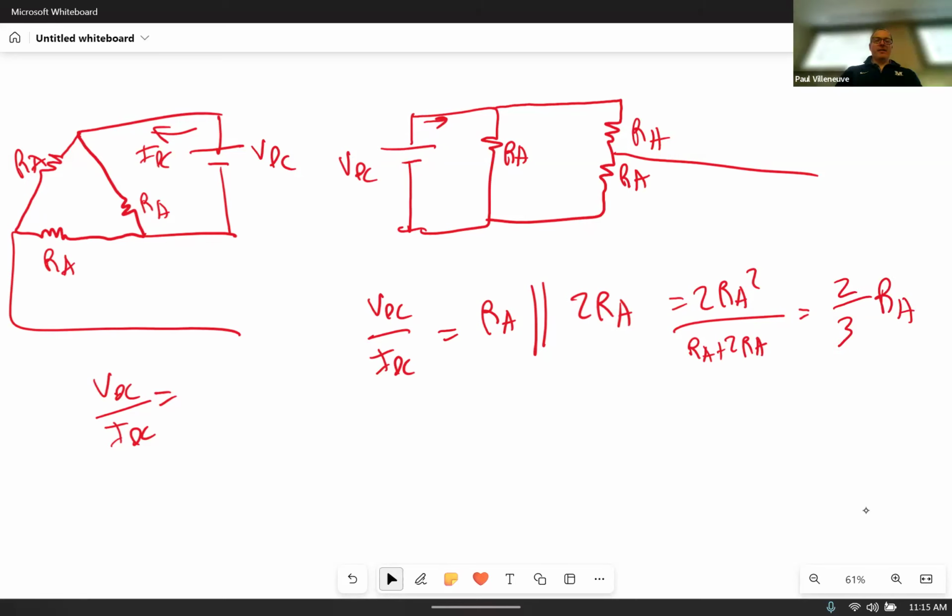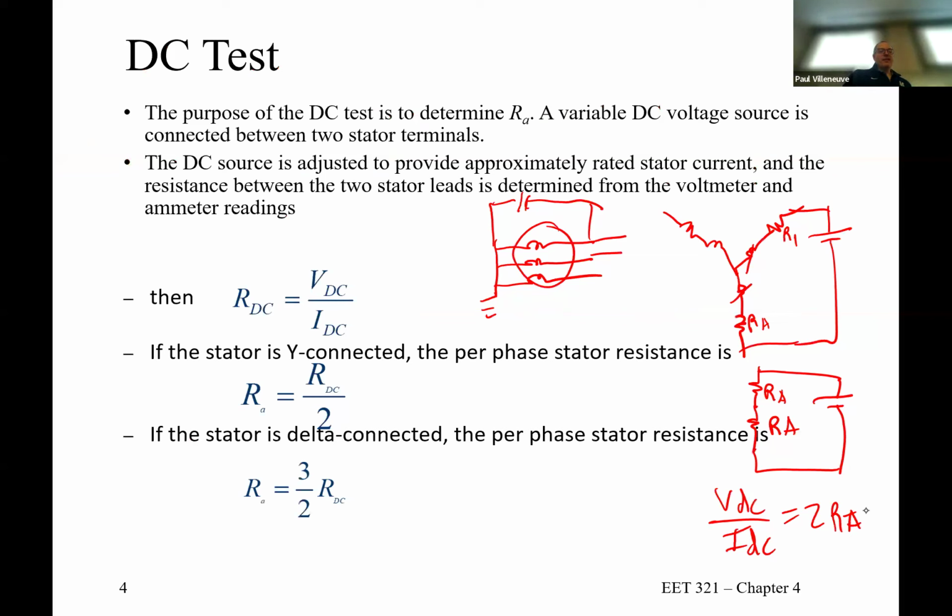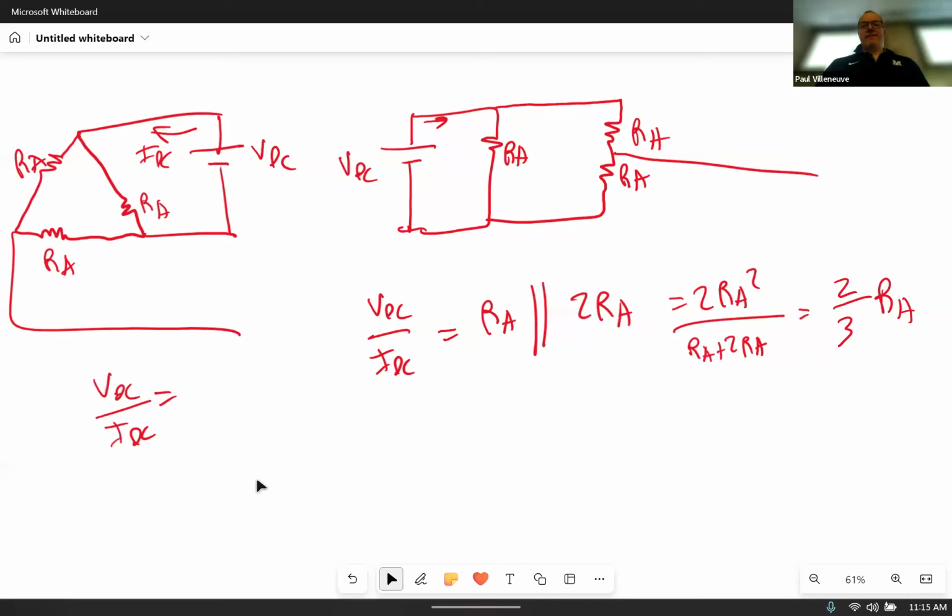So that's where these equations come from. Anybody have an issue? I said it's 2/3 RA versus 3/2. Anybody think I made a mistake? Yeah, because I said RDC is equal to 2/3 RA, right?